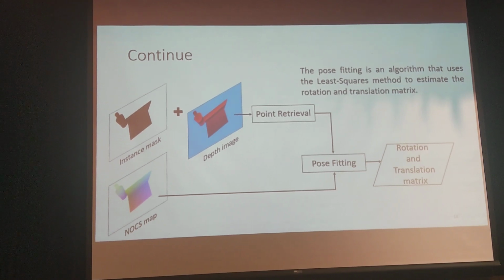With the points and the NOCS map, finally do the pose fitting to receive rotation and translation matching. The pose fitting is an algorithm that uses the least squares method to estimate the rotation and translation matching.